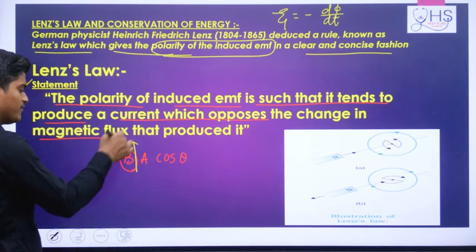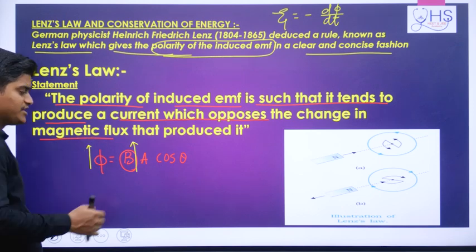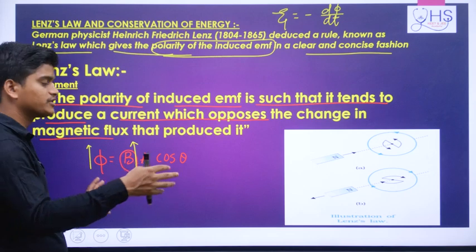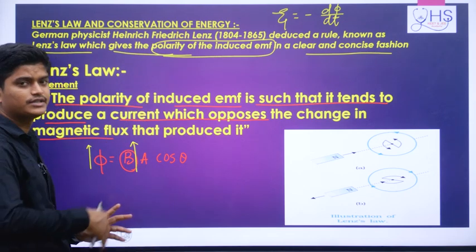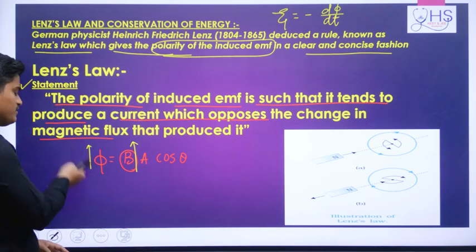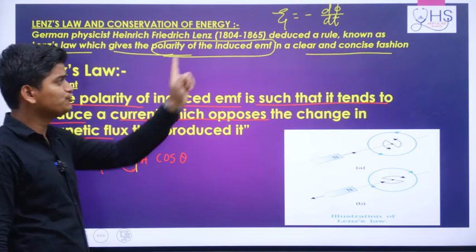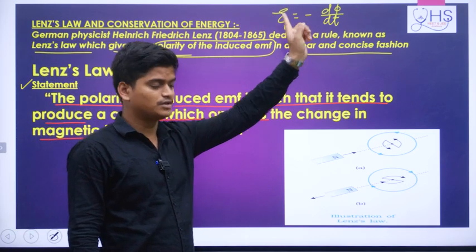If you increase the magnetic field, then flux will increase. That means there is a change in flux. Initially flux was phi equals BA cos theta, but now you are increasing the magnetic field. Then flux also increases, so due to the change in flux, induced EMF will be produced.